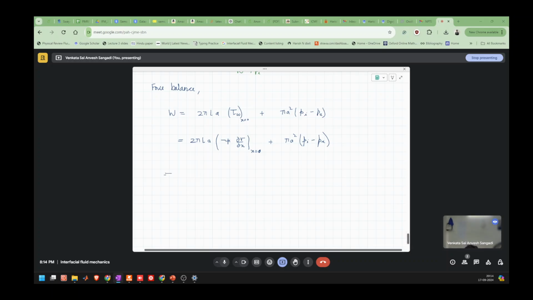So now we differentiate. 2 pi LA into minus mu dv by dx can be written as 1 by 2 mu del p bar by del y times 2x minus h, plus pi a square Pi minus PE is equal to W. This implies 2 pi L into A minus mu 1 by 2 mu del p bar by del y minus h.